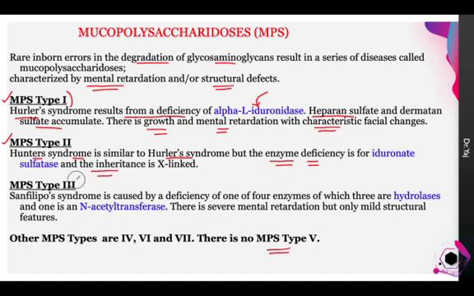Then we have MPS type 3, which is also known as Sanfilippo's syndrome, which is caused by the deficiency of one of the four enzymes, of which three are hydrolases and one is an N-acetyl transferase. In this case, there is severe mental retardation, but only mild structural changes.